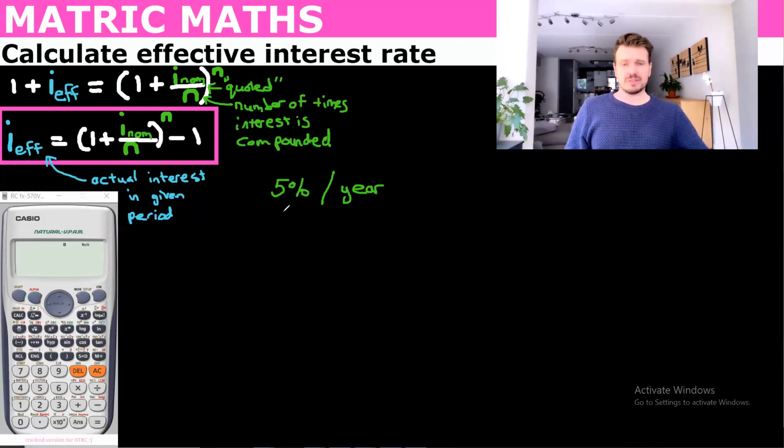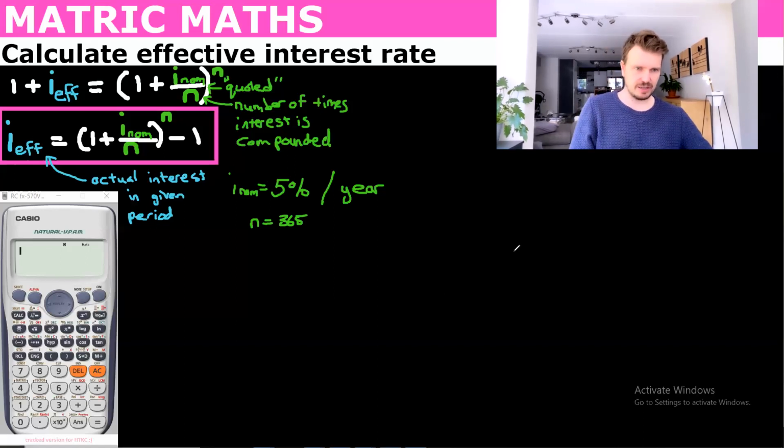The bank compounds daily. So when we think about our formula, the nominal is 5%, but it's compounding every 365. So our n is going to be 365. Okay, so this is kind of a real life example. And so that's all we need. We've got our I nominal, so the nominal interest rate, and we've got the n.